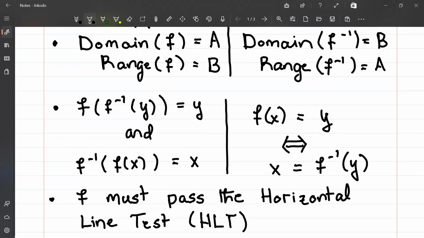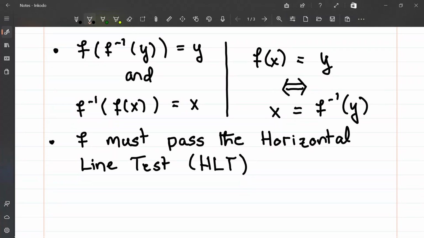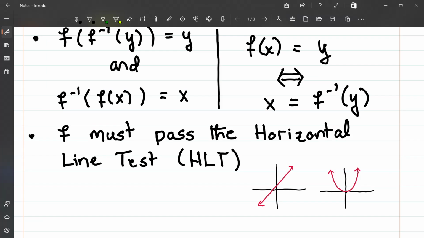The final thing that we need to include is a function f which has an inverse must pass the horizontal line test. Now, what does that look like? Well, if I take a couple of basic functions, you can see one of them is a straight line and one of them is a parabola. A function that passes the horizontal line test should see the following.